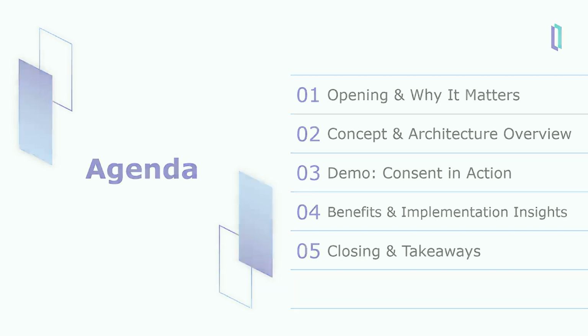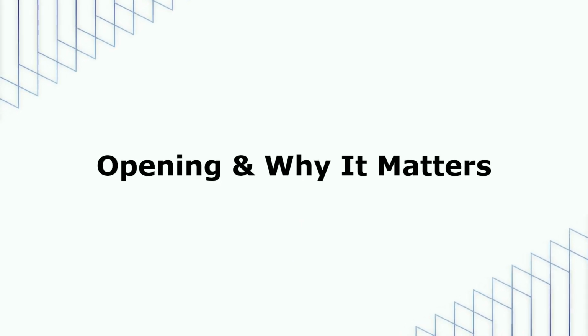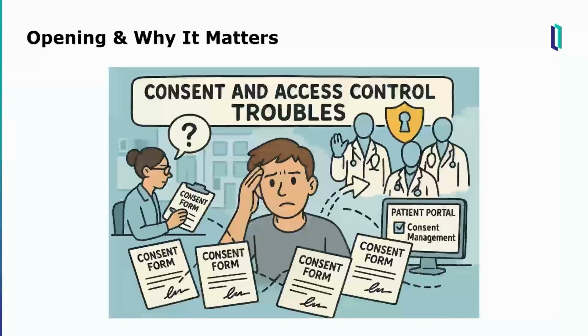So, why does this matter? Currently, we have lots of troubles with managing consent and access control. Consent on the one hand, so why are we allowed to access data? And access control on the other hand, protecting the data from being accessed without authorization. As you see here, there are many different kinds of troubles.